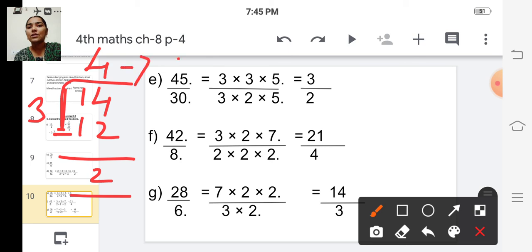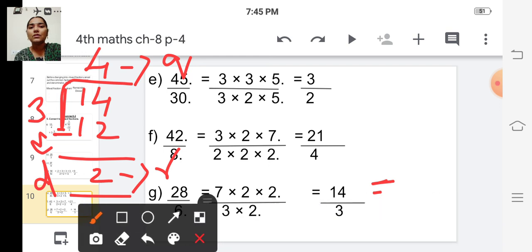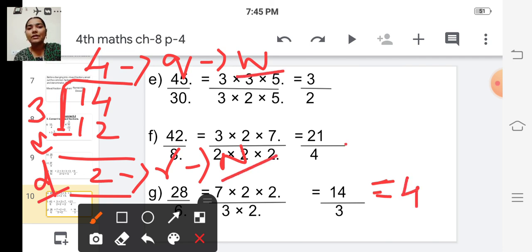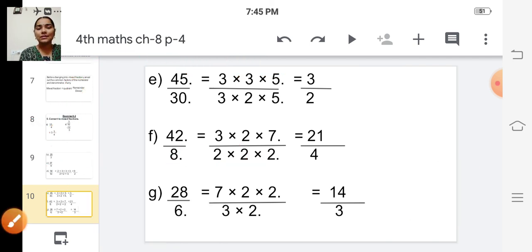So this is the quotient, this is the remainder, and this is the divisor. Quotient as whole number, remainder as numerator, divisor as denominator. So the whole number is 4, numerator is 2, denominator is divisor 3. So 4 2/3 is the answer.